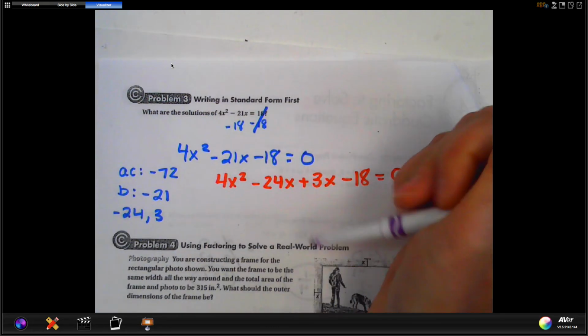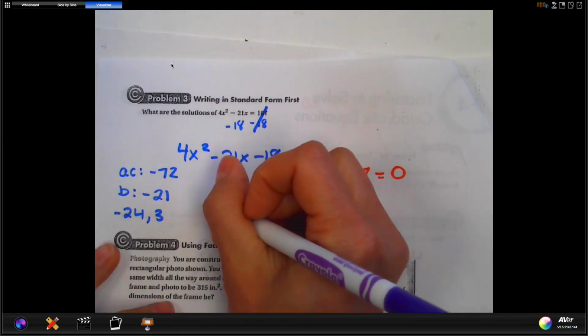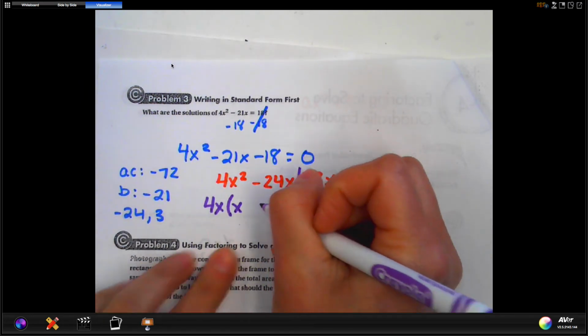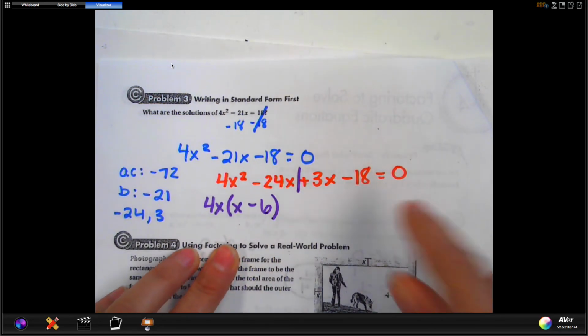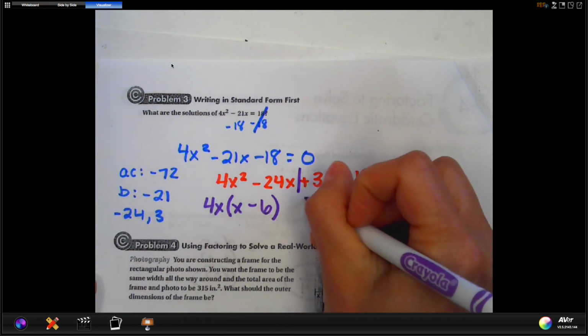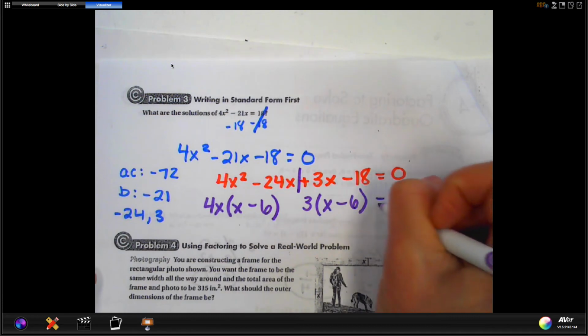If I split it down the middle, what's my GCF on the left? 4x comes out, leaving me with x minus what? 6, yep. And on the right side, what's my GCF? 3, yep, leaving me again with x minus 6, which is what I needed it to be.